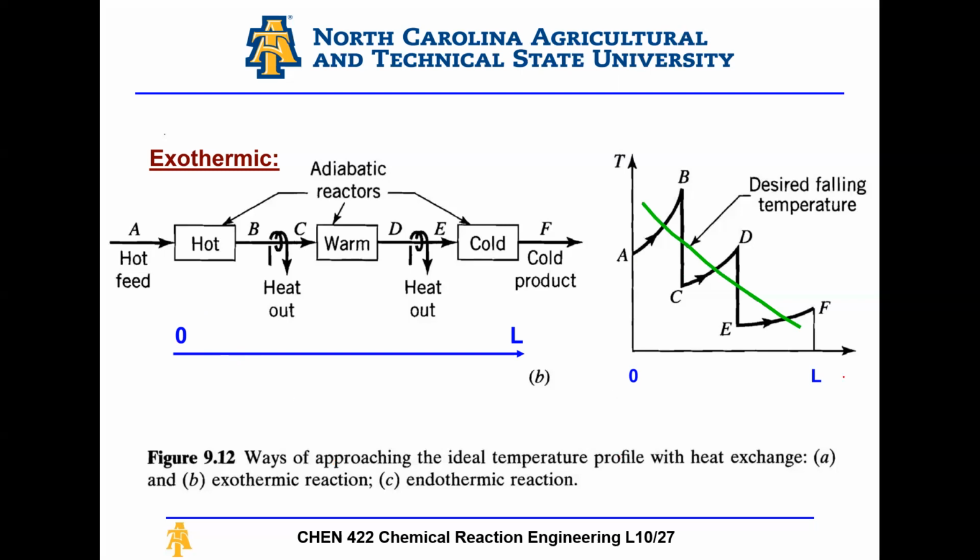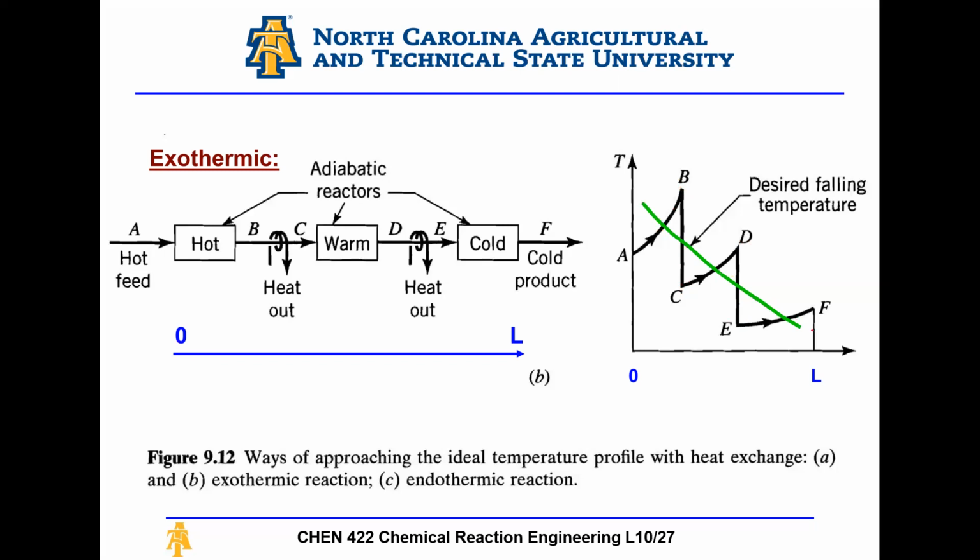And when I look at the temperature versus length type of graph, you can see in every reactor I have a small temperature increase. However, the interstage cooling drops the temperature down immediately, and then the average temperature versus length curve looks like this.